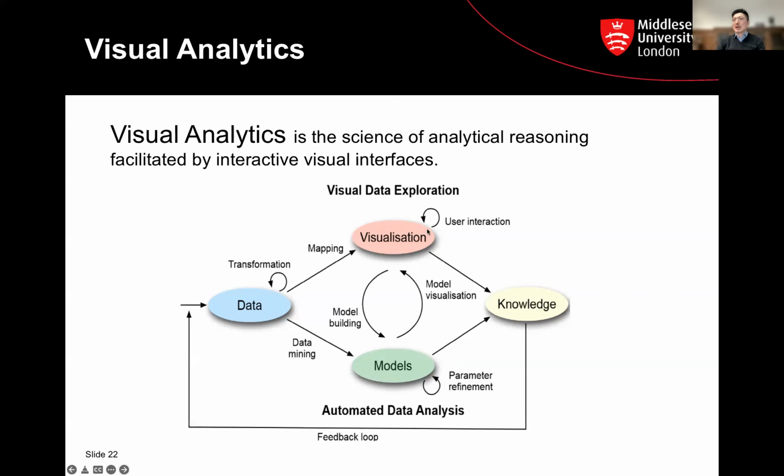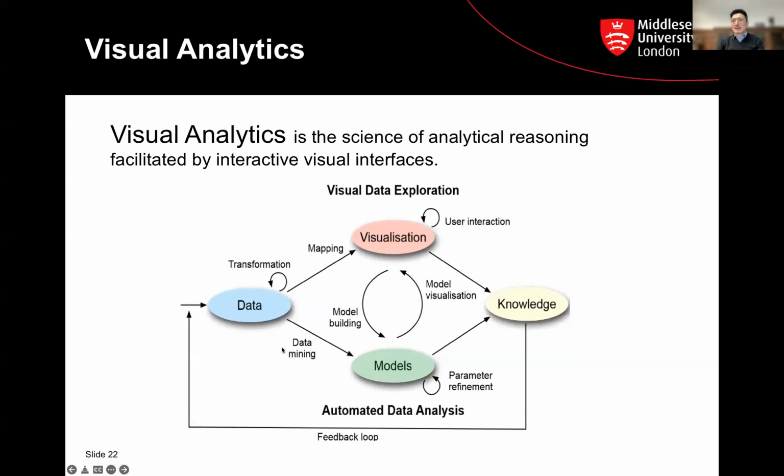For example, by a look at the visualization, you realize there's lots of data which are missing or actually not correct, doesn't match, does not make any sense. That might allow you to go back to data transformation or change your models, either to handle these, say, inaccurate or missing data, or just ignore them differently. And similarly, based on what the model looks like and its results, you can also adjust your visual design. And both the visualization and model will give you some knowledge about the data set.